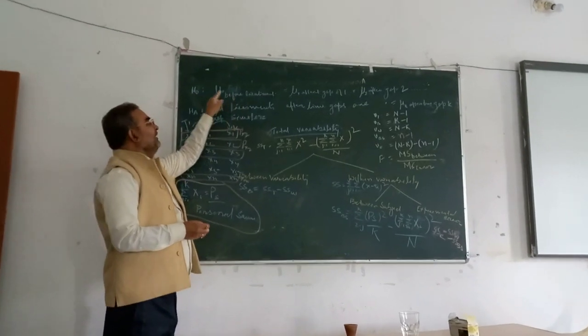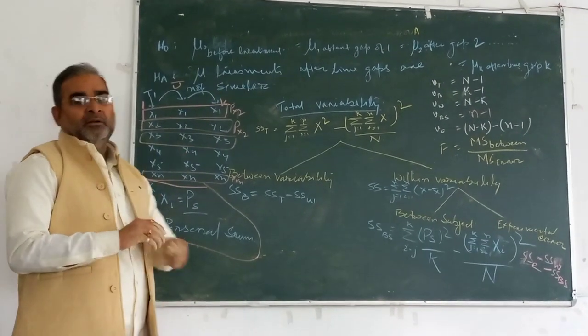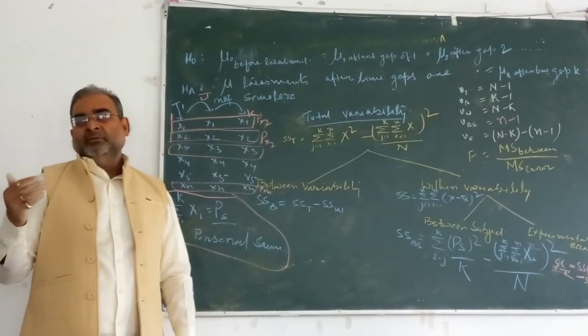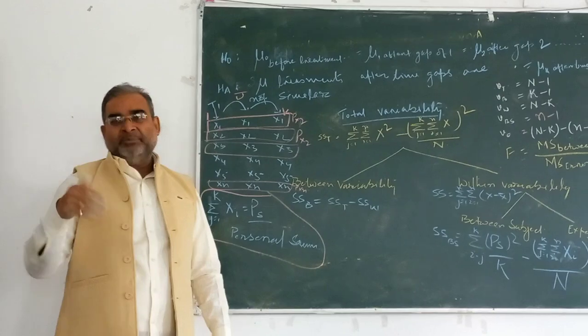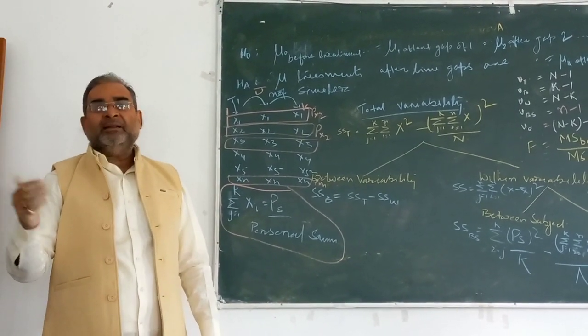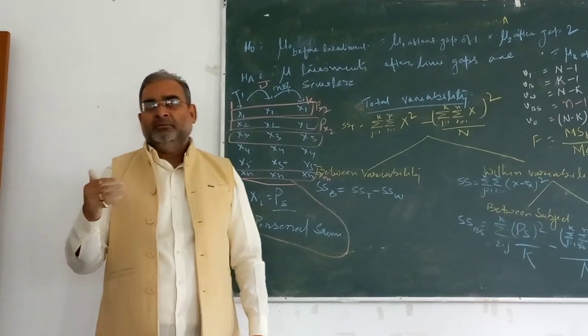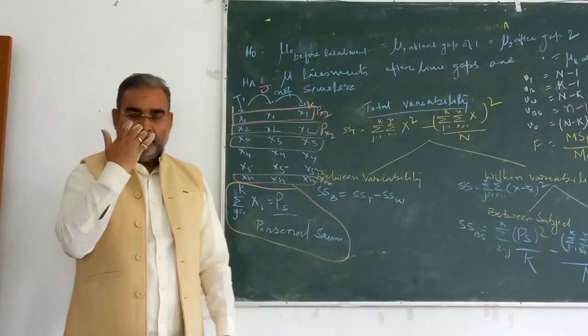Hypothesis क्या बोल रहा है? कि mu 0 before treatment is equal to mu 1 after a gap, or equal to mu 2 after a gap. That means there is no effect of the exposure time.